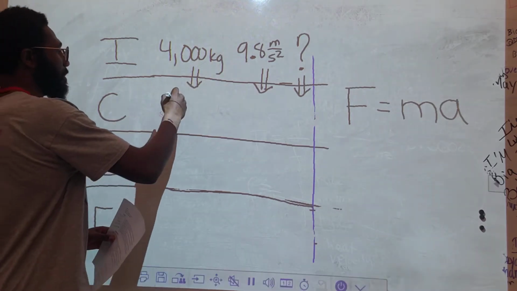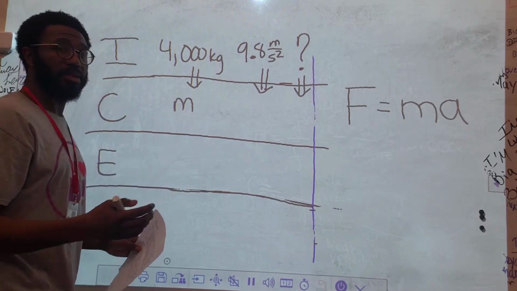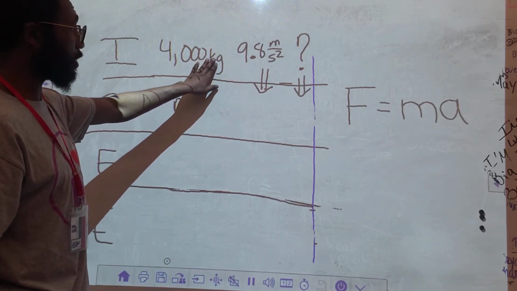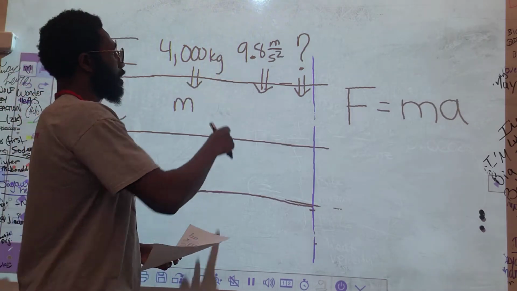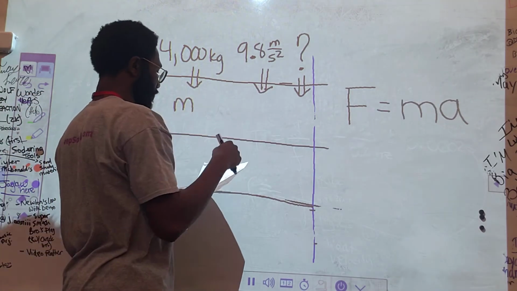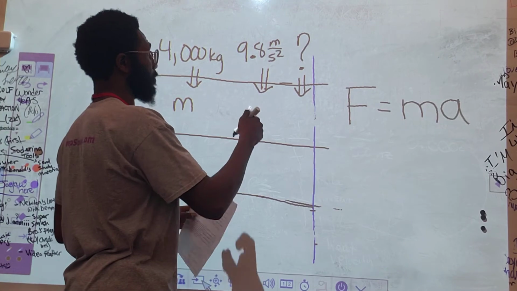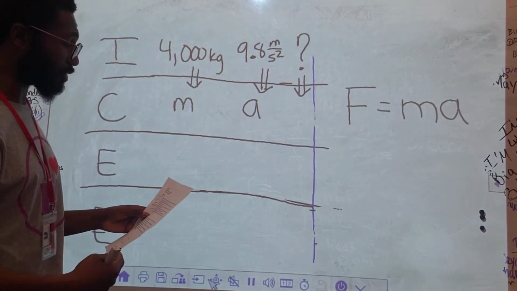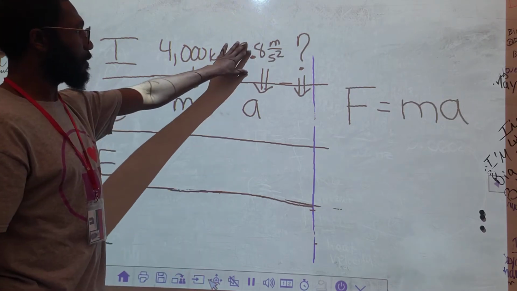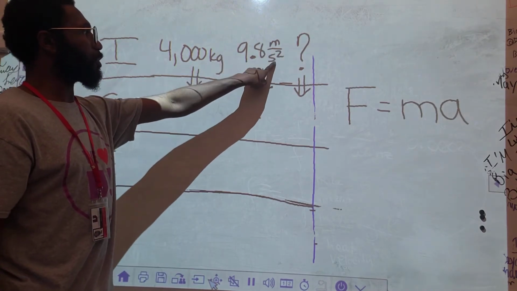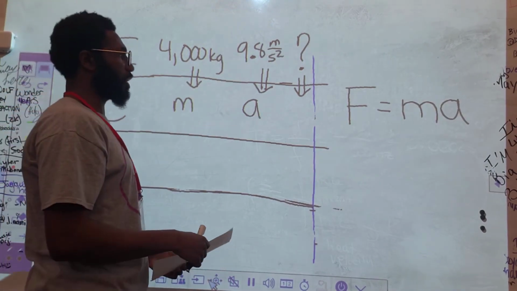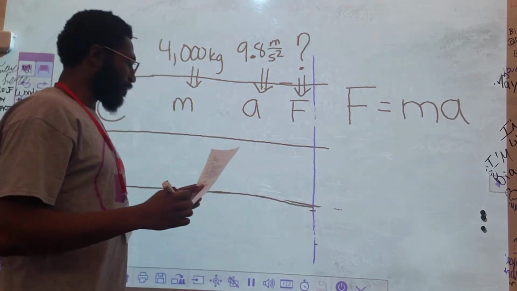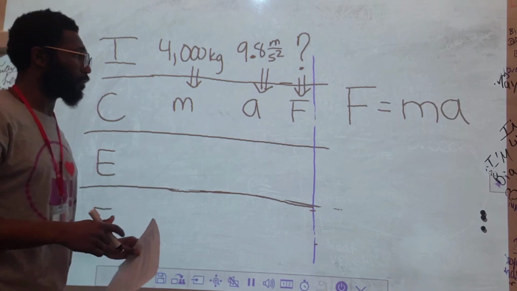The other reason we know it's mass is because it has a unit of kilograms. Anything with kilograms is mass. Then it says it accelerates at 9.8 meters per second squared. We know that's acceleration because the problem tells us, and also meters per second squared is a unit of acceleration. Finally, it asks what is the force of the car when it hits the ground? So we're looking for force.